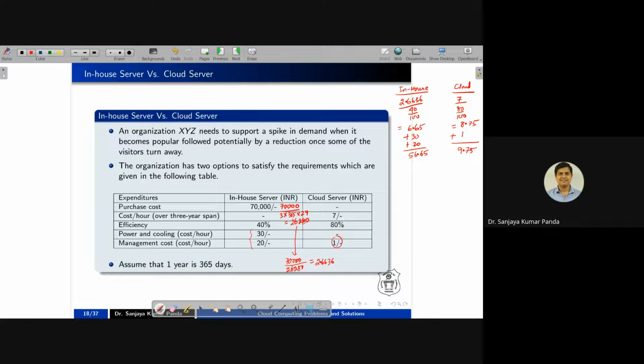If somebody asks what is the ratio between in-house servers and the cloud, you can say 56.65 divided by 9.75. If you say 10, you will get 5 point something, I think. Yes, 5.81 by 1. So if you are spending 1 rupee on the cloud server, then you have to spend 5.81 rupees on the in-house server.